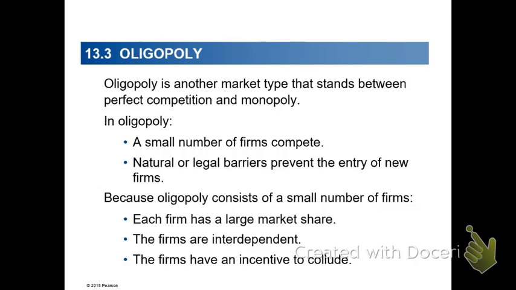Since firms' behaviors are interdependent, there is a strong incentive for firms to collude, make joint decisions, and engage in an agreement where they make joint profit maximization and price decisions. If collusion is a possibility, our small number of firms in oligopoly might work like a monopolist and can monopolize the entire market.